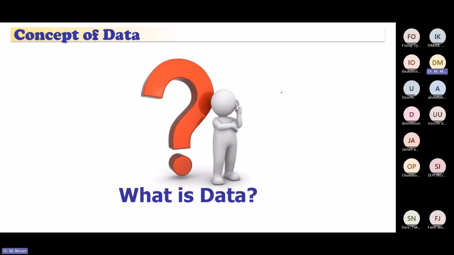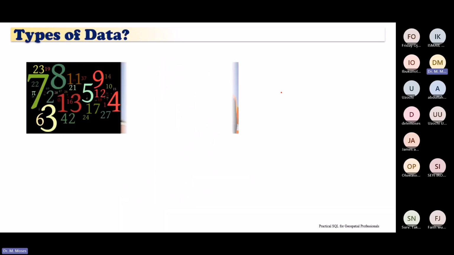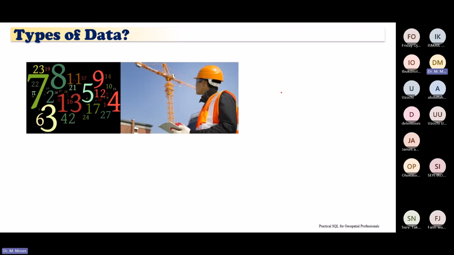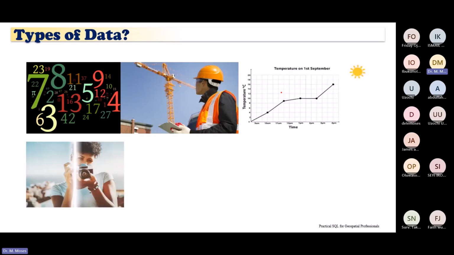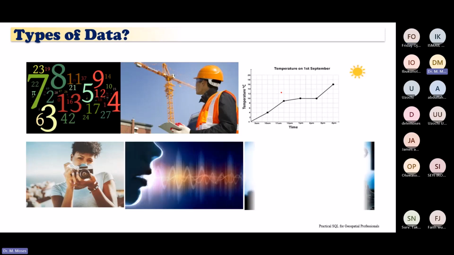We talked about the concept of data. What is data? Data is everything that you are interested in. It could be numbers, it could be measurements, it could be graphs, it could be pictures, images, audio. That entity you are interested in is referred to as data. And then a database is when you now have a collection of data that are related.